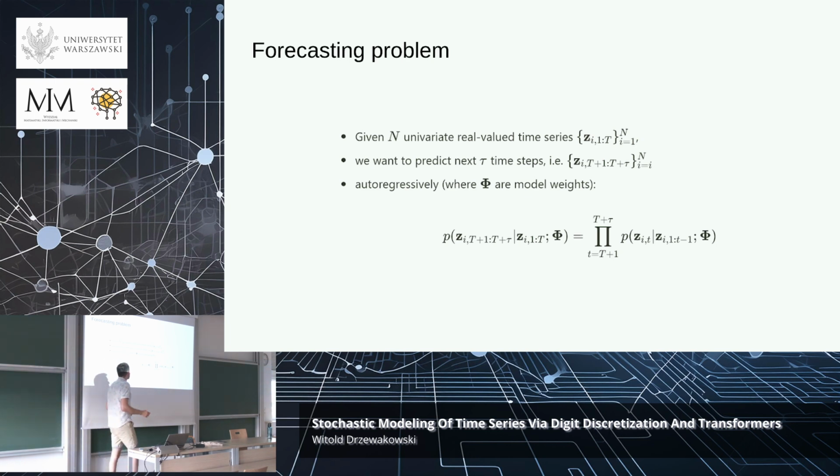We do it with autoregressive models, so we predict one time step at a time and do regression here. And we are in the setting of univariate time series, right? So only one variate, only one feature at each time step.